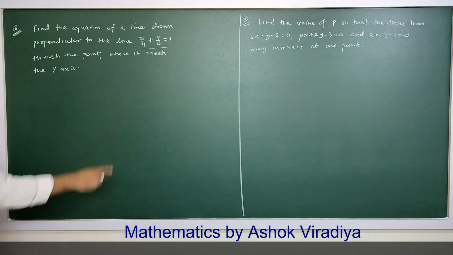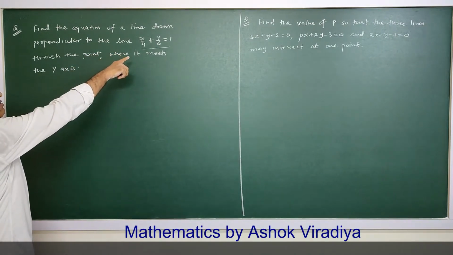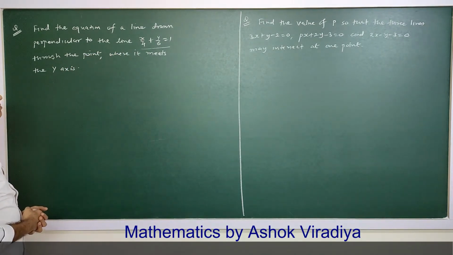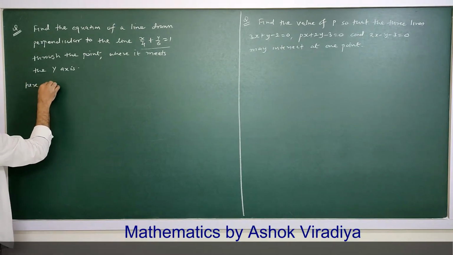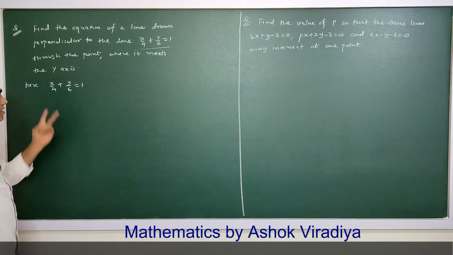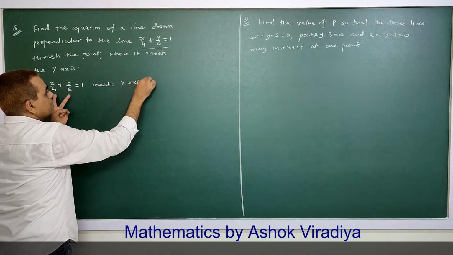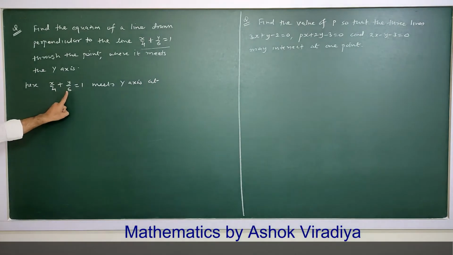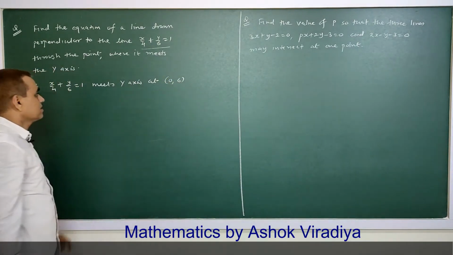So first of all, we find the slope of this line and the intersection point of this line with the y-axis. So here x by 4 plus y by 6 equal to 1. This line meets the y-axis at, say here y-intercept is 6. This is intercept form. So y-intercept is 6. So it cuts the y-axis at 0, 6.